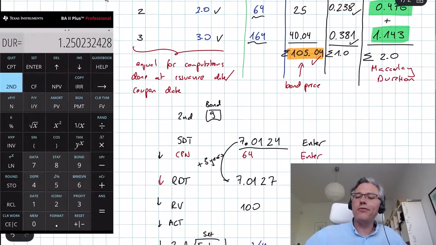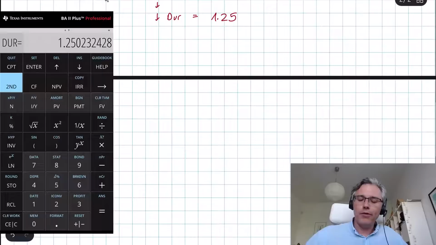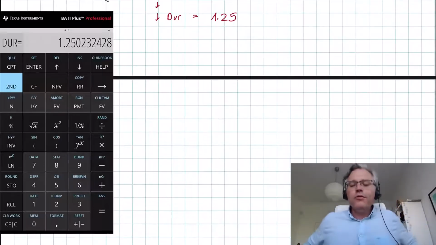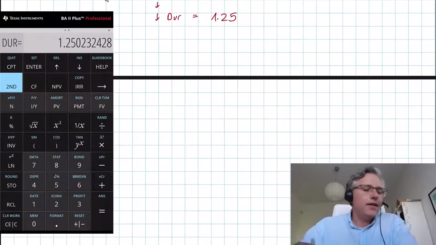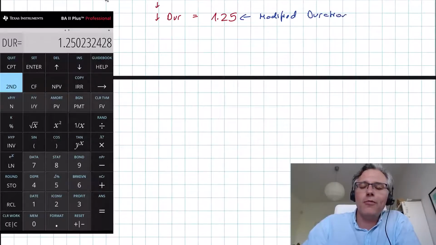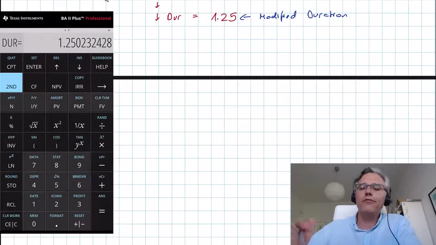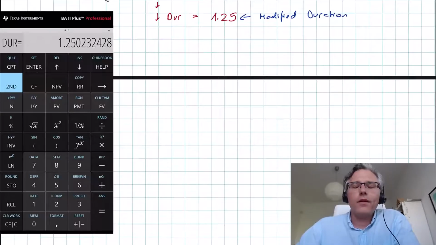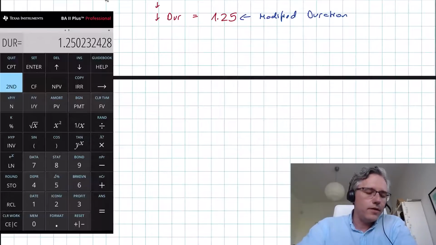We got a Macaulay duration of 2, and you may be thinking, well, he's made a mistake or something. Well, no. What your calculator displays is something that's also extremely important. It displays modified duration, which we'll be talking about in the next couple of videos. But modified duration is a measure of sensitivity to interest rate changes of the bond price.